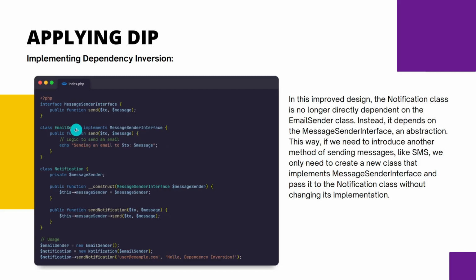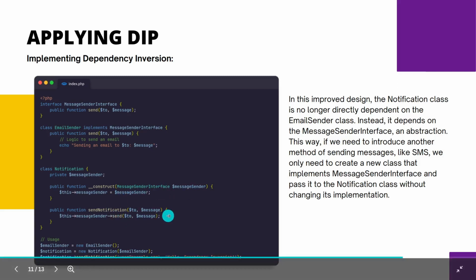In this case, the email sender class will send it by email. We have another class, notification, that uses the message sender interface as a parameter in the constructor, and it will call the send method on it when I call send notification.